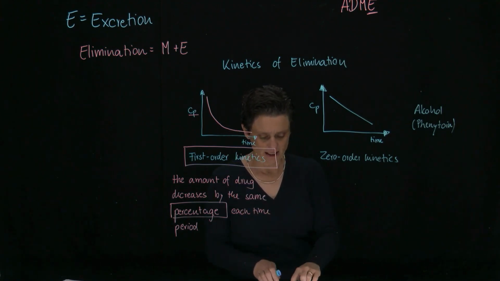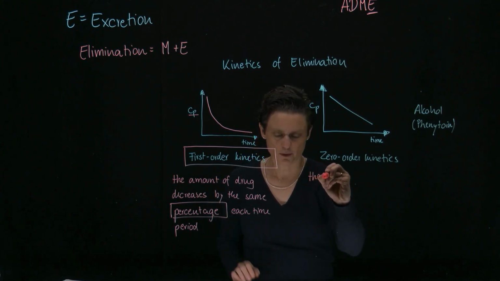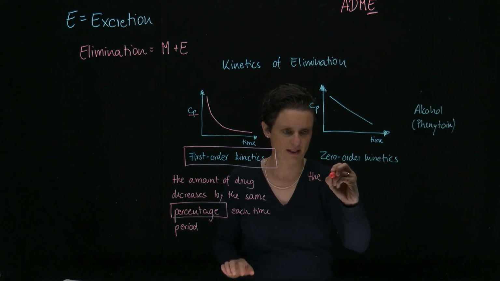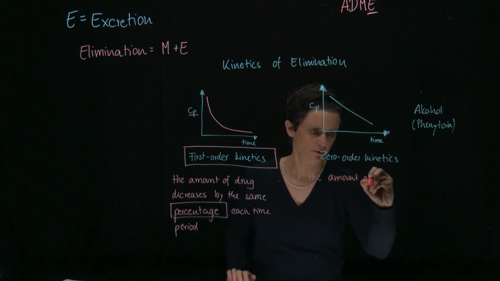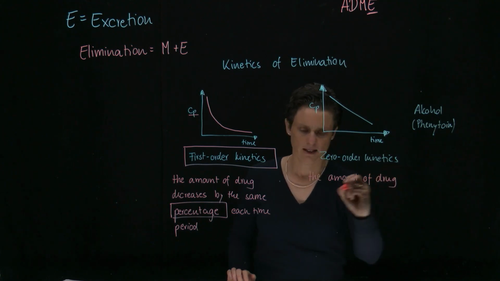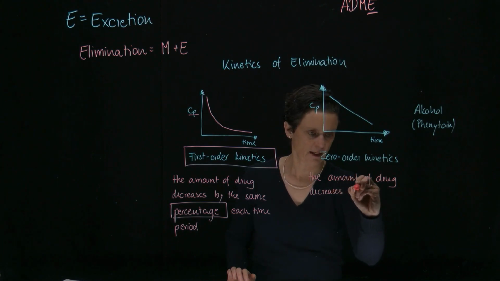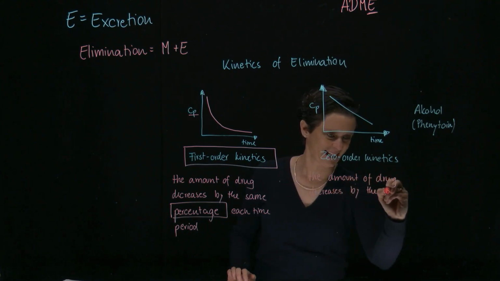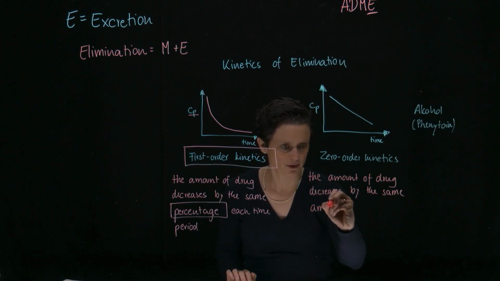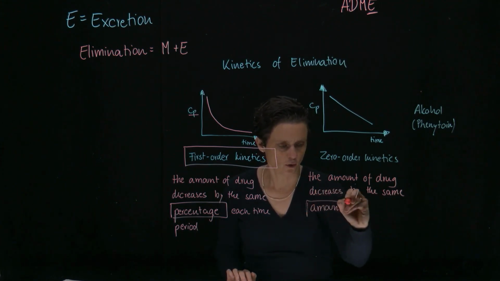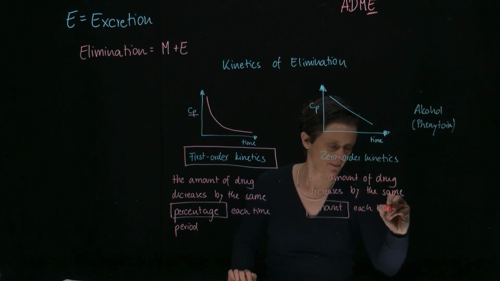eliminated. And here, for the zero-order, we can use the same words and just replace the percentage, so the amount of drug decreases by the same, and now we're going to put in amount. So it's always the same amount each time period.